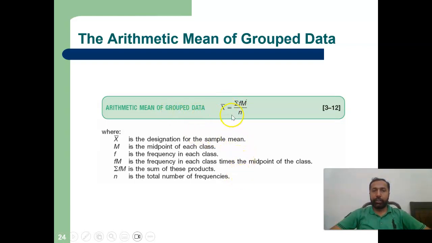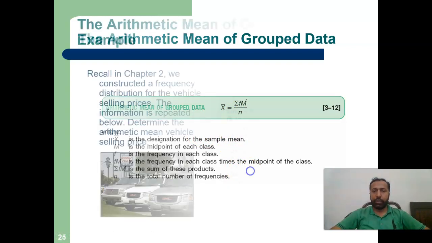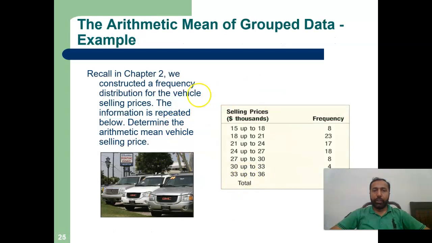We can easily understand this formula for grouped data and its mean calculation in the following example. Grouped data is data which has a distribution like this, with classes like this. This is data of car selling prices.